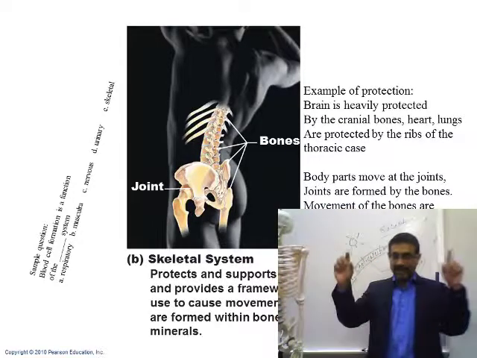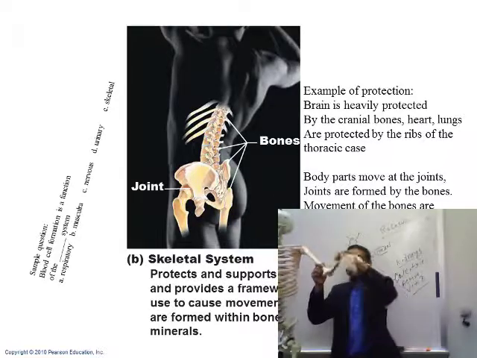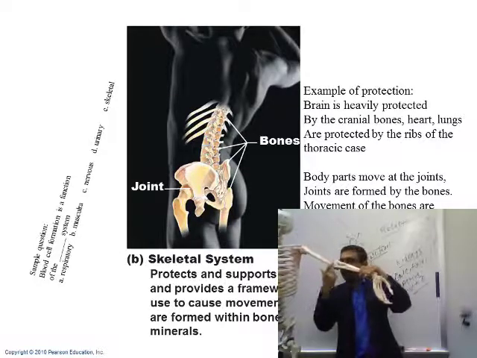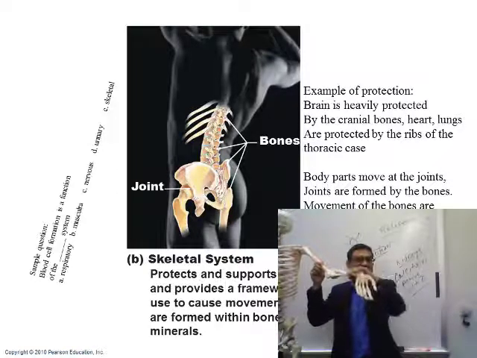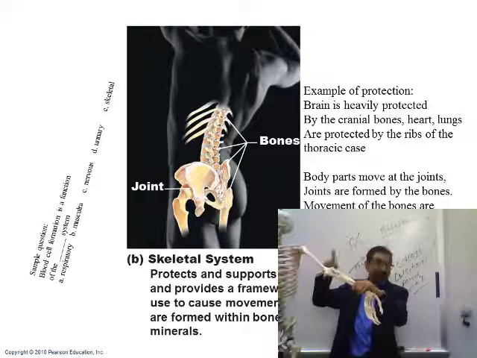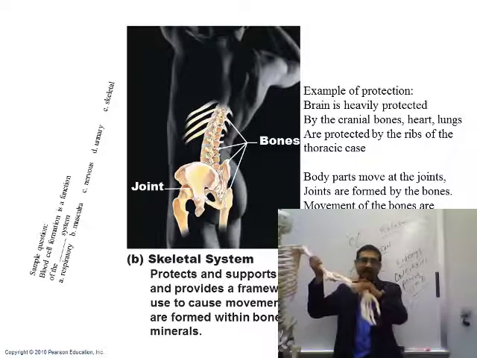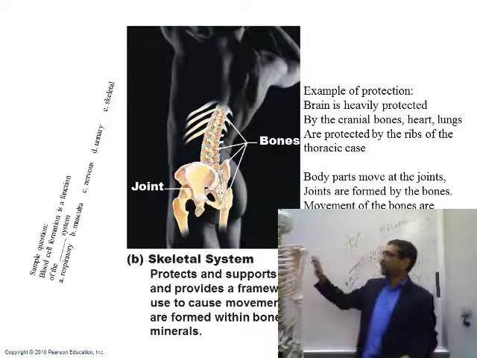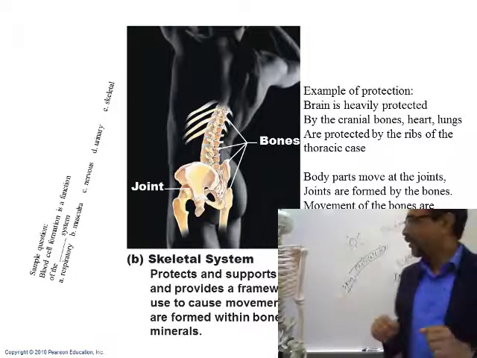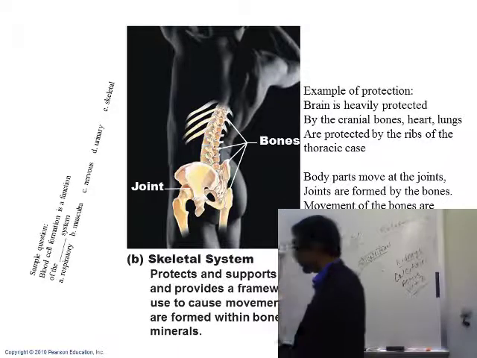That's the sentence. You all know that we move the body parts where? At the joints. But can you move without muscle? No. So your bones, with the attachment to the muscles, and by contraction and relaxation of the muscles, you move the body parts. So if the bones don't give the muscles attachment, you won't be able to move.